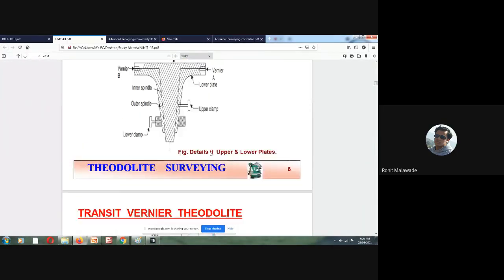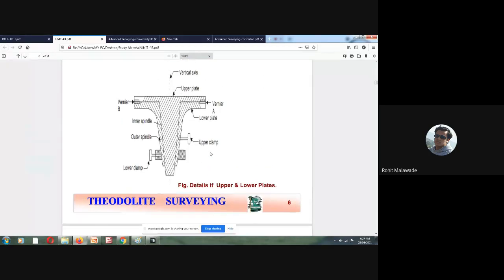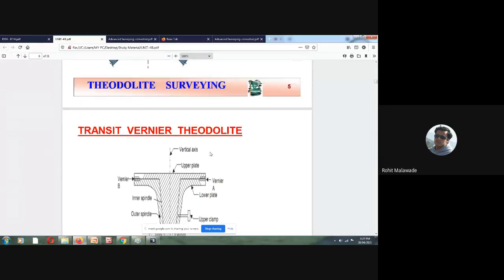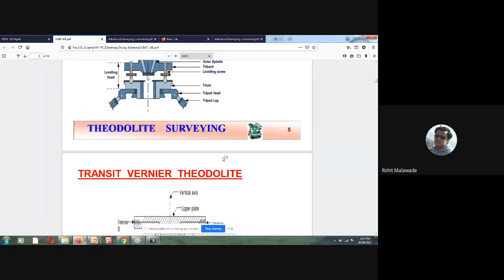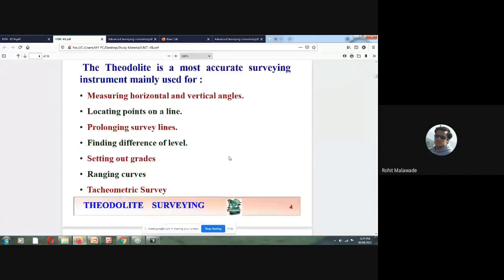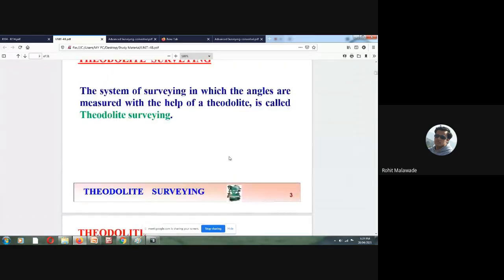I will tell you what transiting is, what you mean by transit. If I tell you the transit, you will be able to understand the different types of it. That transiting I will be explaining in tomorrow's class.